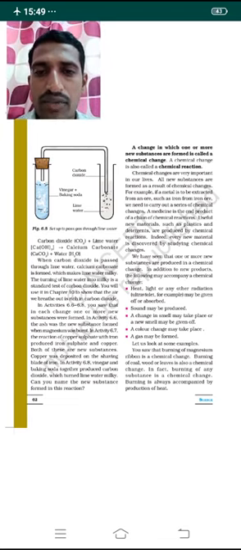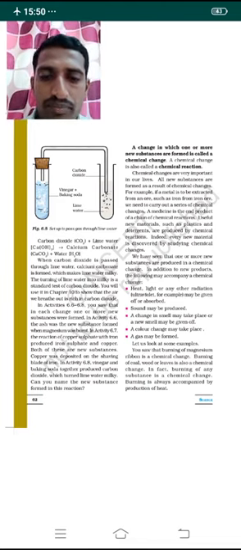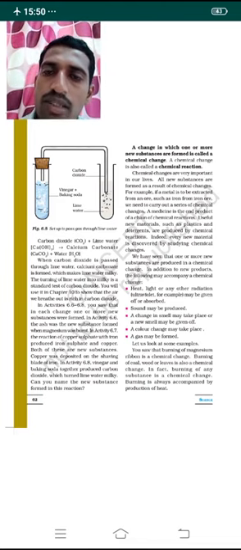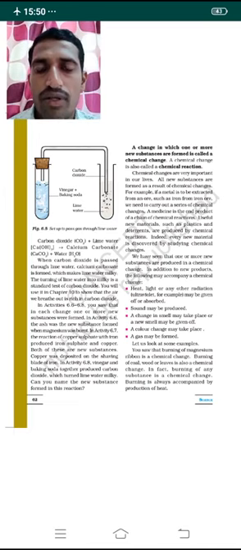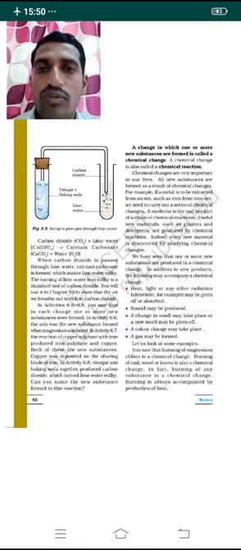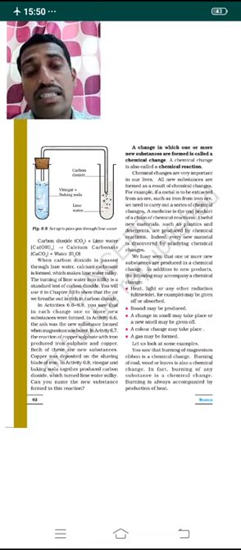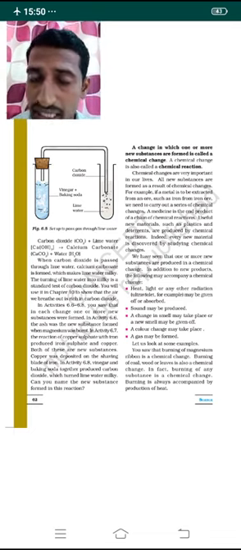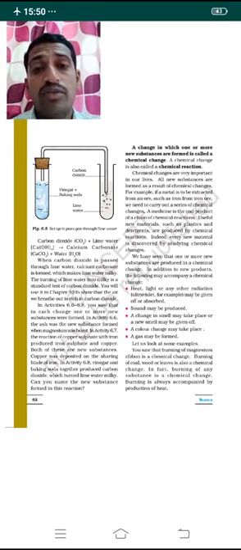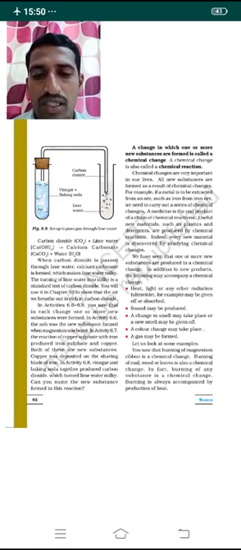In activity 6.8, vinegar and baking soda, both acid and base, combined together and formed a new substance, carbon dioxide gas. When this carbon dioxide gas is passed through lime water, it forms one more new substance, turning the lime water milky, which we call calcium carbonate.